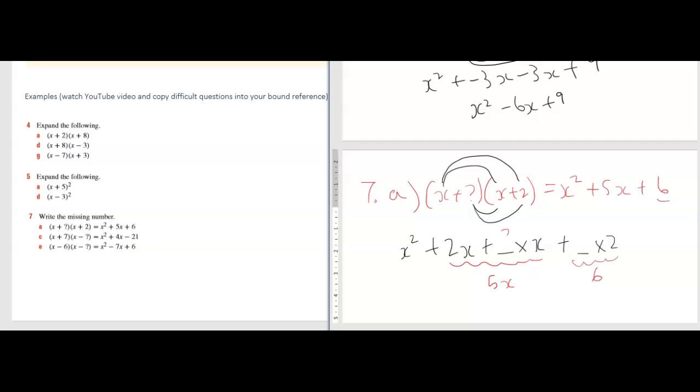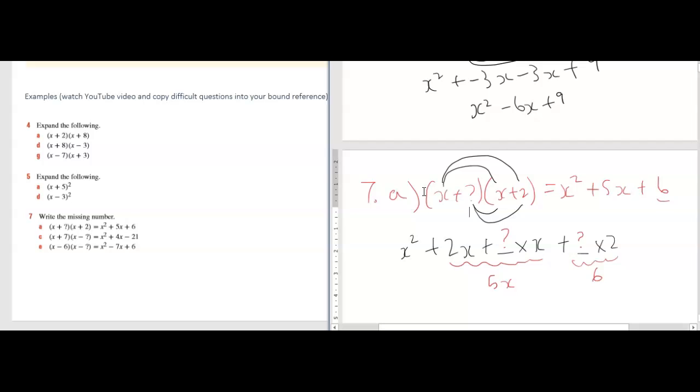And this number, your question mark, and this number here, your question mark, they have to be the same, because they take up that spot there. So you've got to say, well, what do I add to 2x to get to 5x? So you add 3x. And what multiplies by 2 to get 6? So that's going to be 3 and 3.